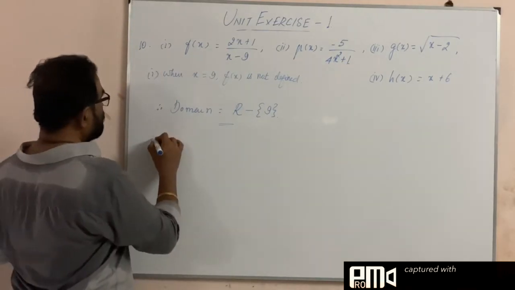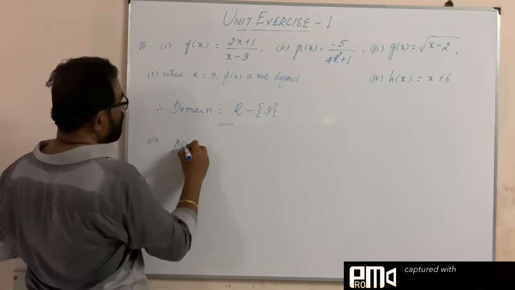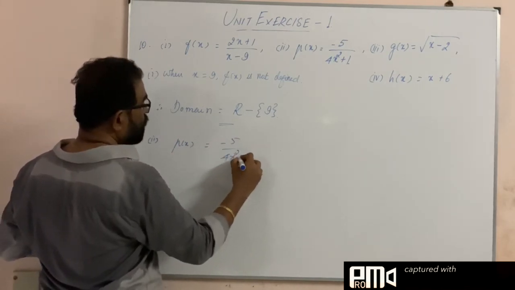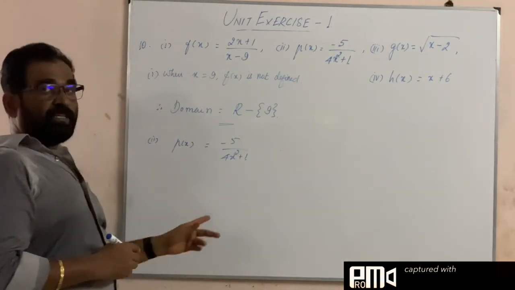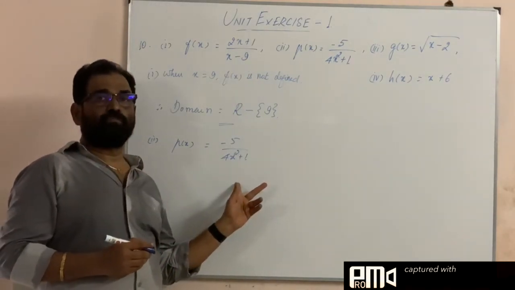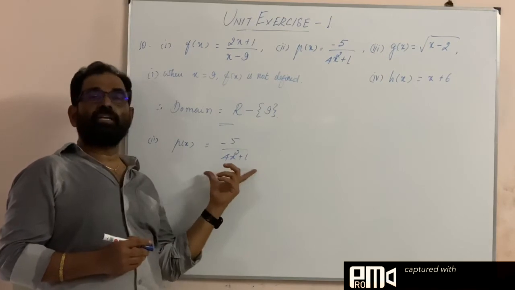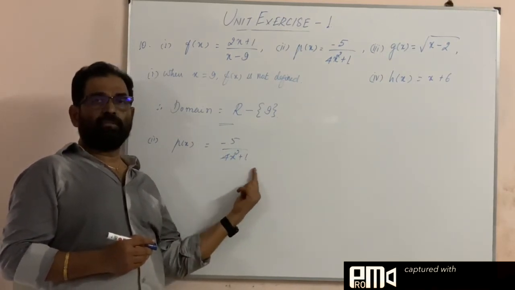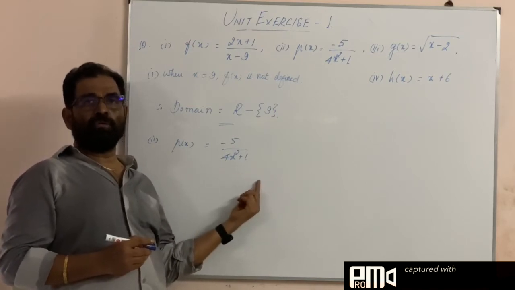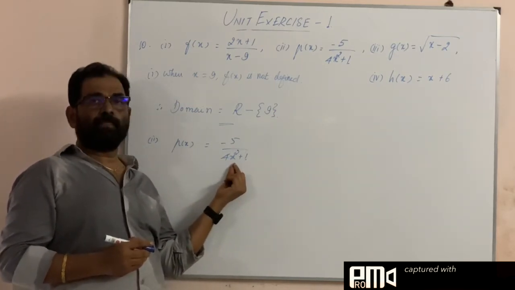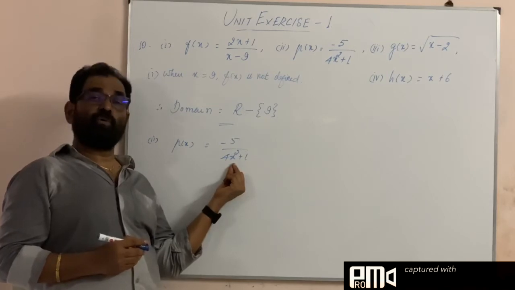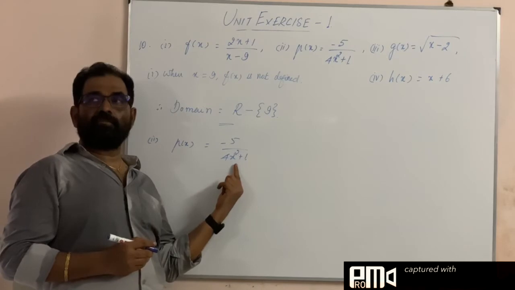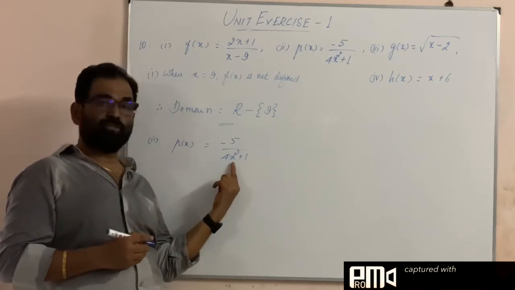Come to the second one. p of x is equal to −5 divided by (4x² + 1). Here also the same case. The denominator should not be equal to 0. 4x² + 1 should not be equal to 0. But can you make this denominator 0 for some value of x? Whether you give a positive or negative value for x, because x² is there, it will always be positive.